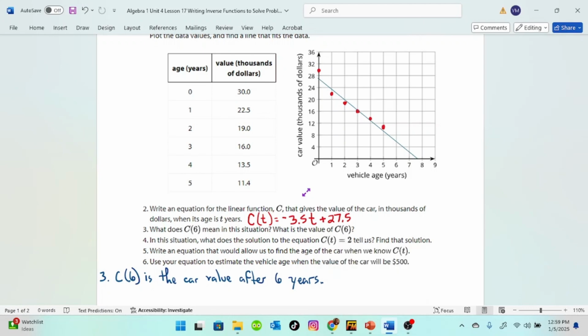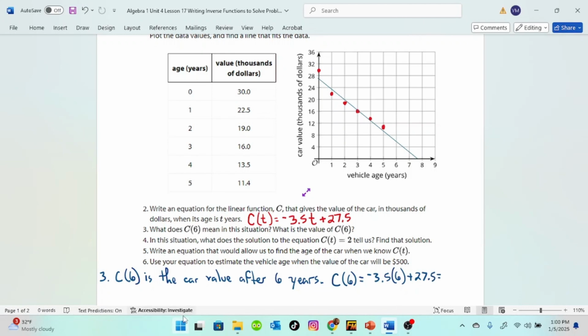And then they want to know what that value actually is. So c of 6 equals negative 3.5 times 6 plus 27.5.